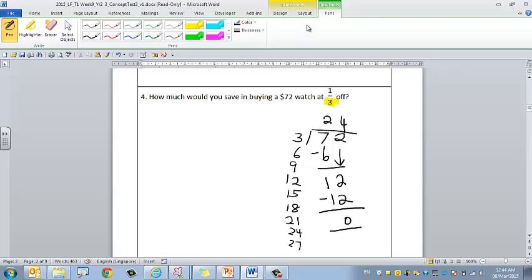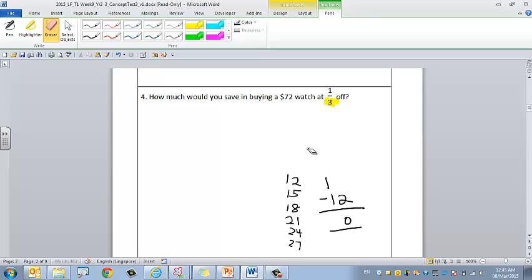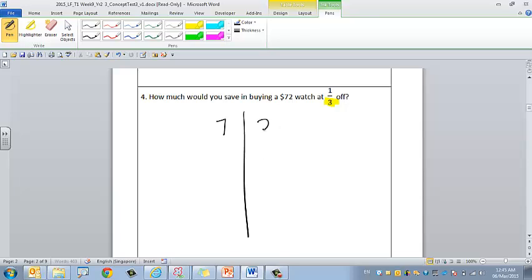Okay. Now the rest of you, you will be doing this method. Okay, divide. So remember, Miss Wei has taught you. So 7, 2.